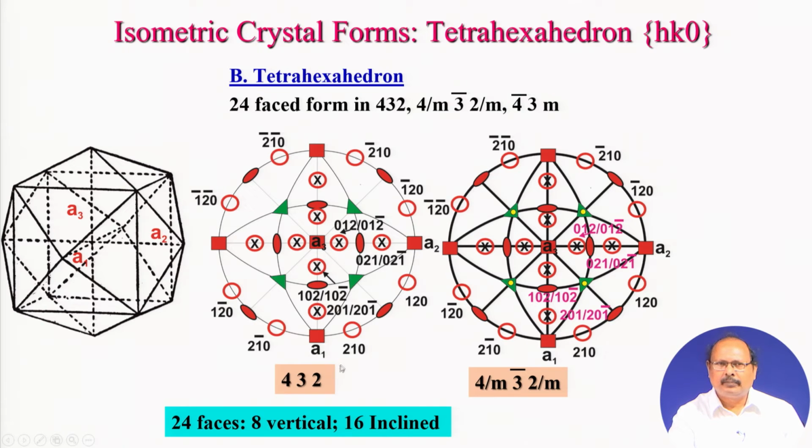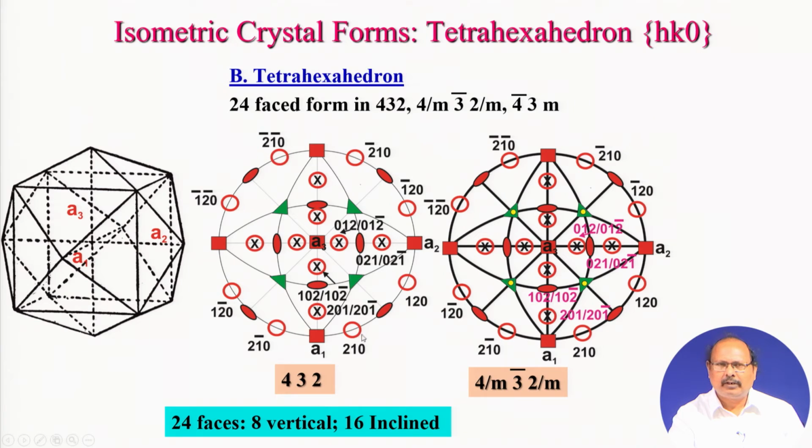So with the starting form symbol 210 in the 23 and 2/m bar 3 point groups, 12 pentagonal shaped faces were generated. We call it a pyritohedron.